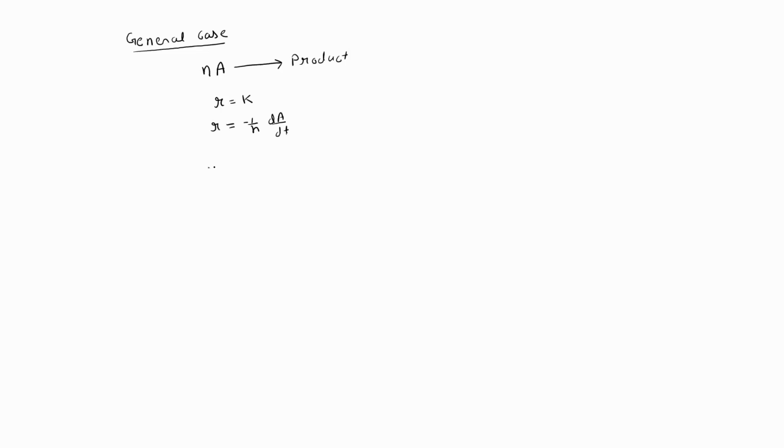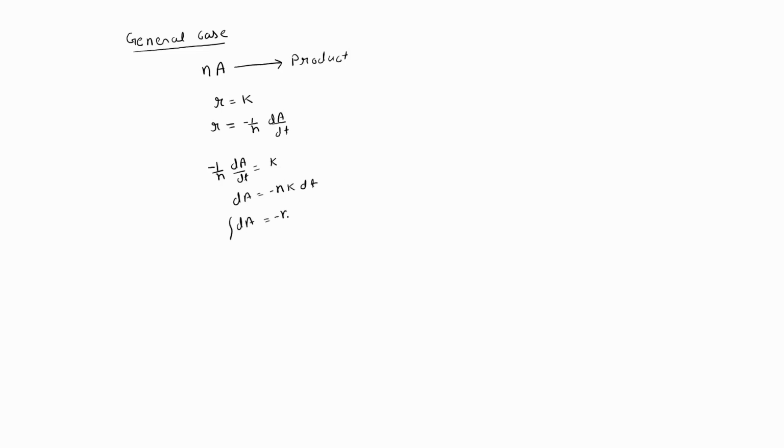So compare both. 1 by n dA by dt is equal to k. So dA is equal to minus nk dt. Here n is your constant because it is a stoichiometric coefficient.